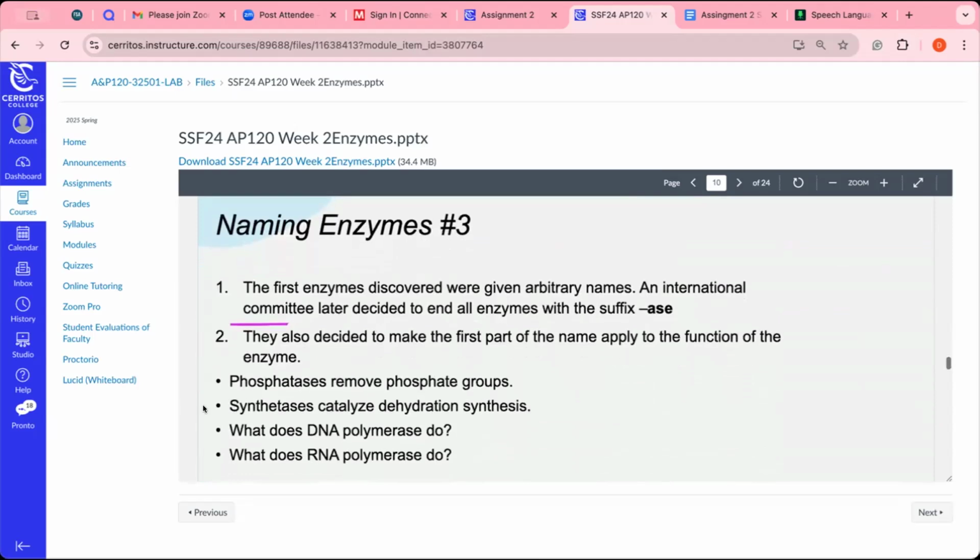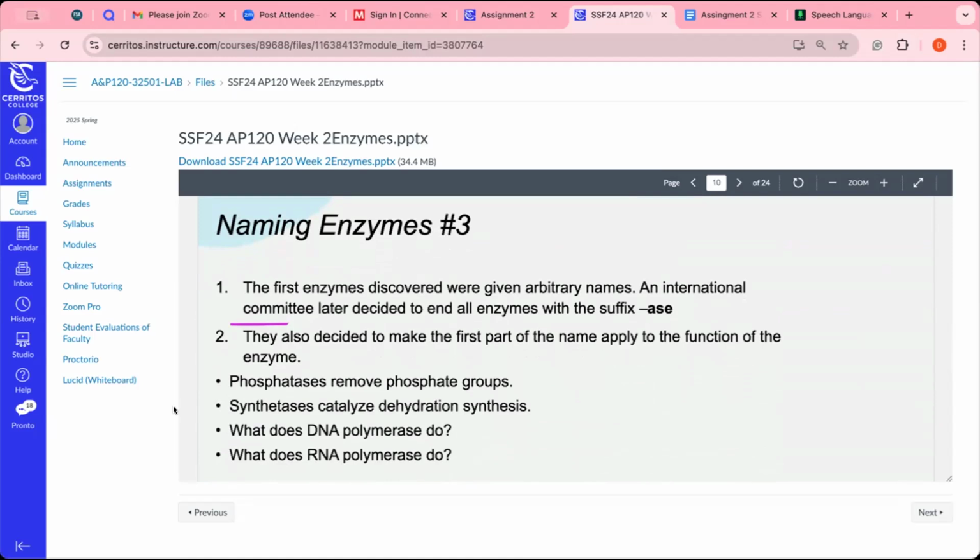Naming enzymes. Here's a little aside about naming it. The first enzymes discovered were given arbitrary names. That means they didn't have a pattern. People just named them however they wanted. But an international committee later decided to end all enzymes with the suffix -ase, A-S-E.